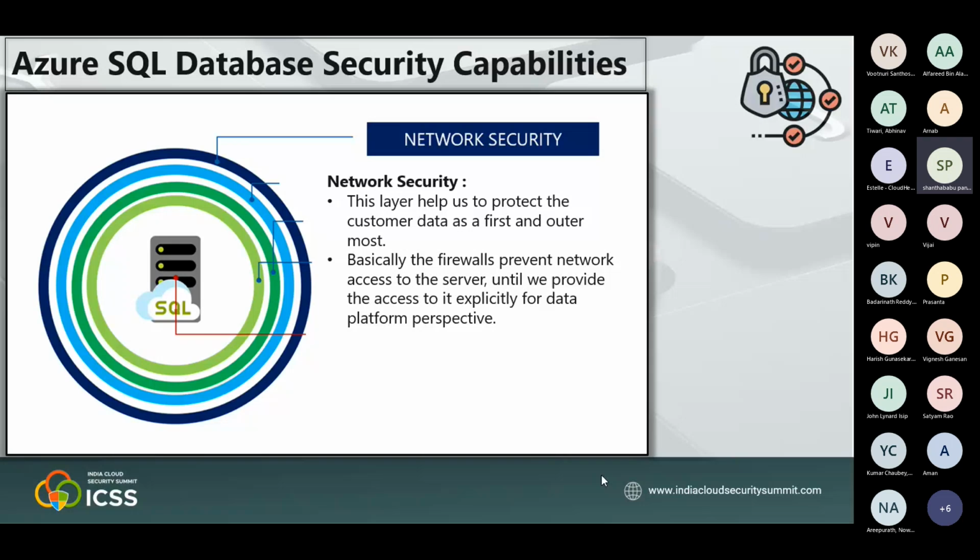We want to enable the firewalls to allow access only from a specific IP address. That's very important, right? So with respect to these security capabilities, network security is the layer that helps protect the customer data as the very first, outermost layer, and the firewall blocks access to the server until you provide explicit data platform access.